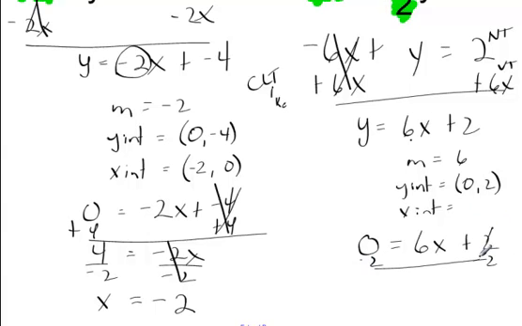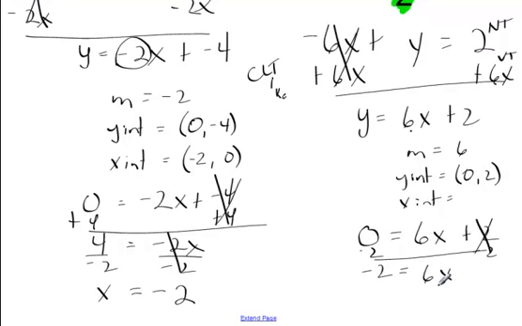Negative 2 on both sides. So I'm left with negative 2 equals 6x. All right, divide by 6. So x equals negative divided by positive is a negative. And then 2/6 can be simplified to 1/3. We always simplify fractions. So we know our x-intercept is negative 1/3. We wouldn't have seen that on the graph. We wouldn't have known exactly where that was. And of course, our y-coordinate is 0.